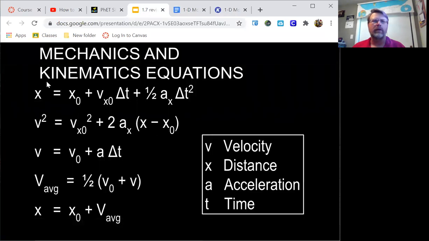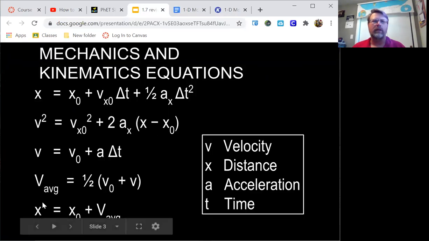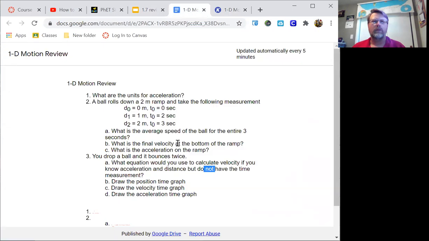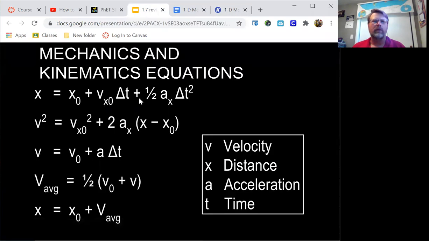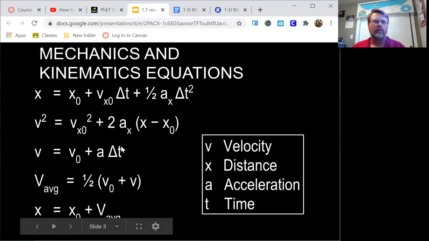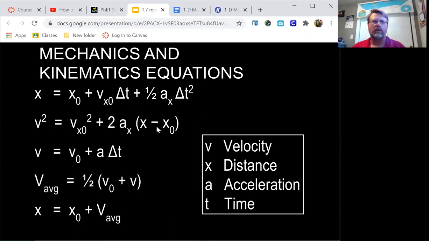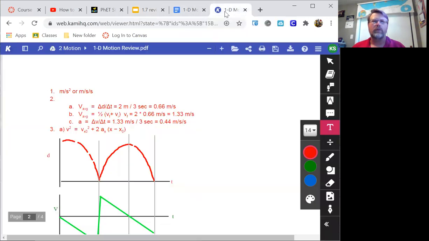So we come back here, cross out anything that has time in it, and we want an equation that has acceleration and velocity. So of all the ones we did not cross out, we need something with acceleration and velocity, and that leaves us with our second equation. So we come down to our answer, and we see the second equation in that scenario.